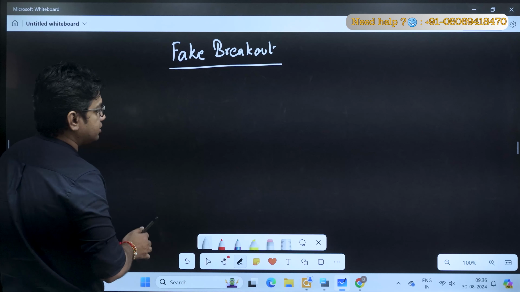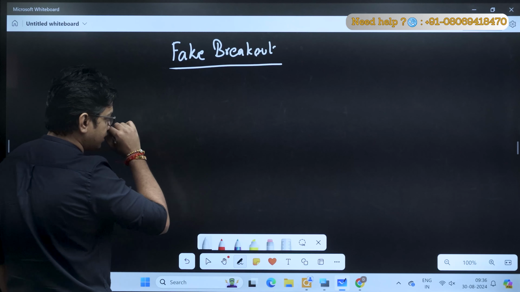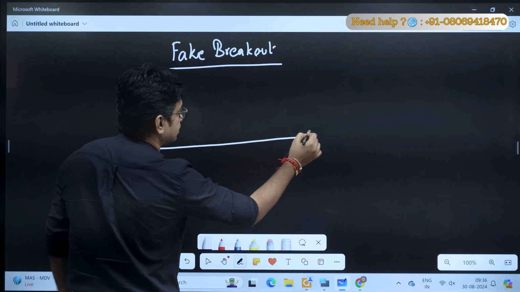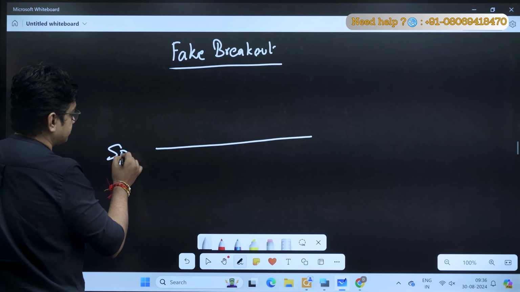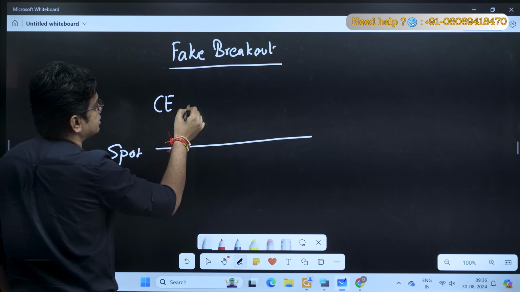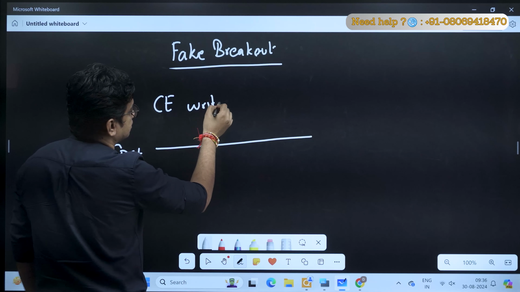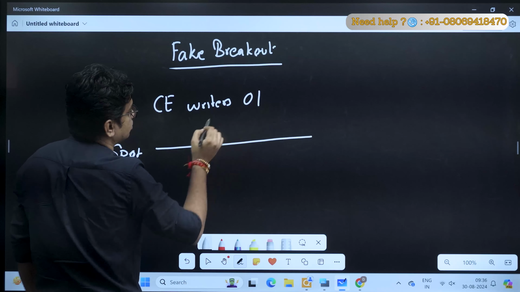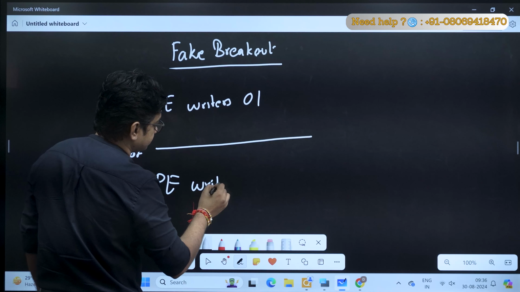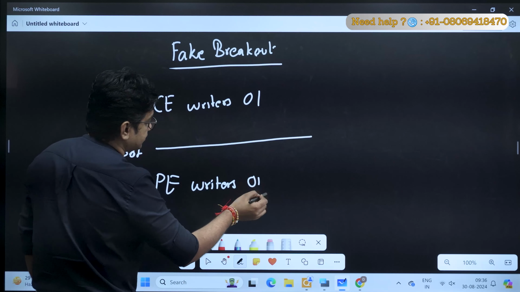So in open interest you will see particular levels. This is a spot. On the upper side you will see call option writers OI, and here you will see put option writers OI.